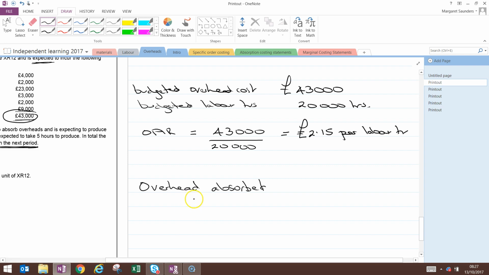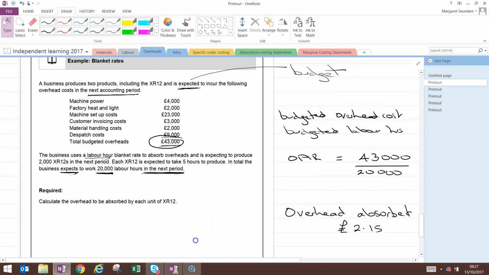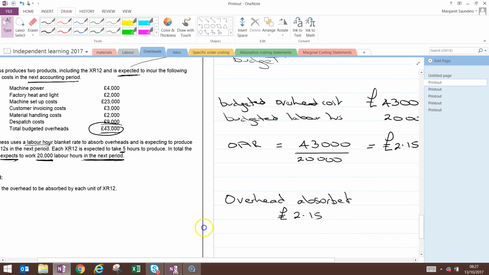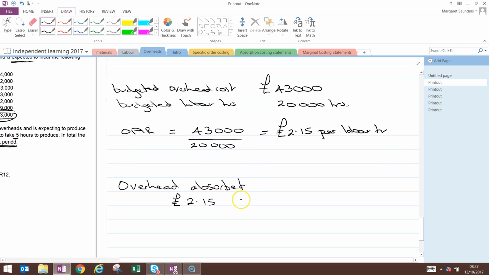Well, we know that the overheads are £2.15 per labour hour, and how many labour hours does a product take to produce? Well, if we go back to the example, each XR12 is expected to take 5 hours. So the overhead absorbed, £2.15 times 5 gives us £10.75.